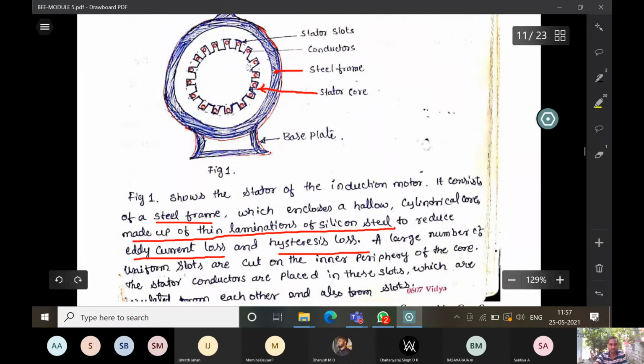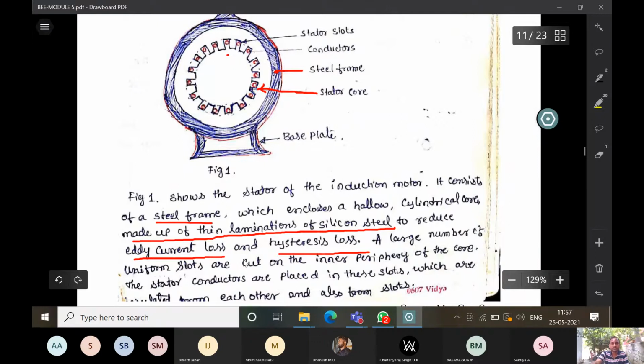Inner periphery means the inner side is open, outer periphery means the outer side is open. The conductors are placed inside, towards the rotor. Towards the rotor there is an open slot, and towards the stator it is closed. A large number of uniform slots are cut on the inner periphery of the core.